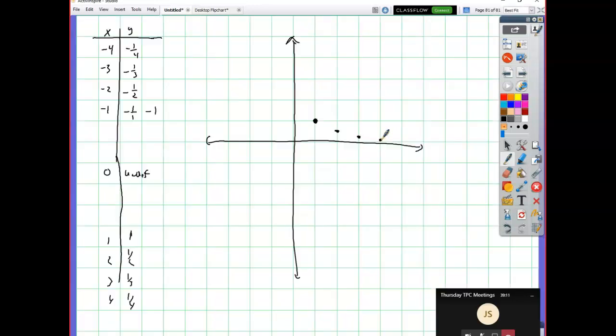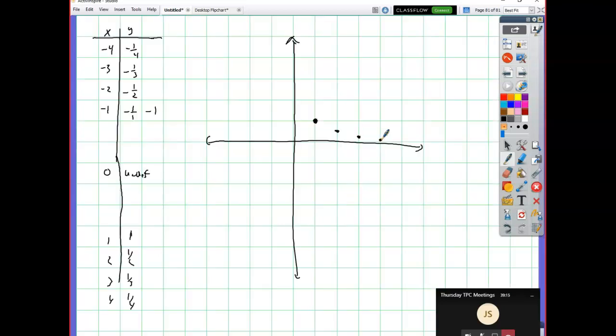Got any more points? 5 is 1/5. -1 is -1. -2 is -1/2. Then -1/3. Then -1/4. Then -1/5. Now what?